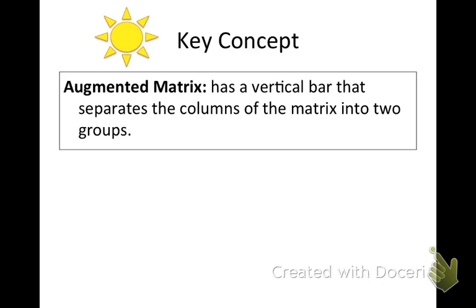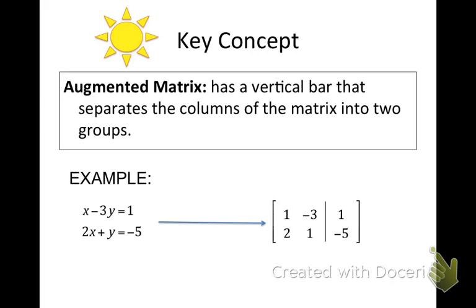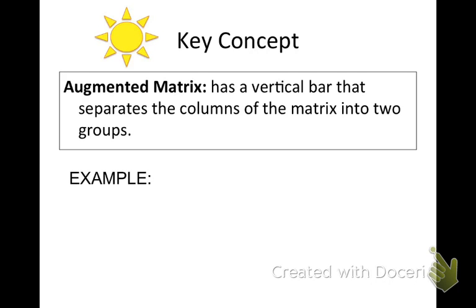And an augmented matrix has a vertical bar that separates the columns of the matrix into two groups.